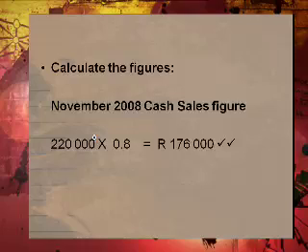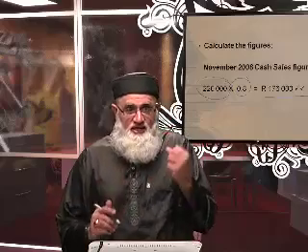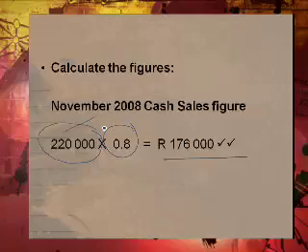So therefore, I take my 220,000 and I multiply it by 80%. There's my answer. So clearly, based on the information given to me, yes, total sales is 220,000, but only 80% of that is on cash. Therefore, multiply by 80% and there's your answer. Okay, not so bad, isn't it? Good.